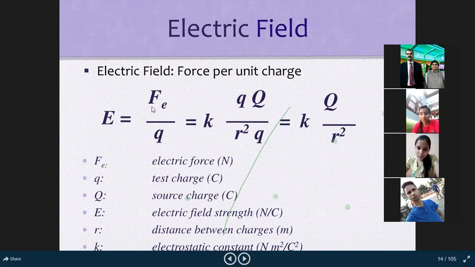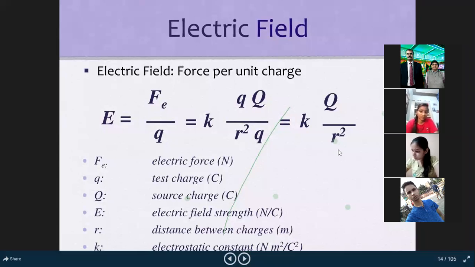So if electrical force is FE, and the test charge has charge q, then FE divided by q is the force experienced by a unit positive charge, which is equal to electric field. And now FE can be expressed as K Q1 Q2 upon R square. So Q1 is here capital Q and Q2 is small q upon R square, and this q and this q will cancel out, and we have electric field K Q upon R square.